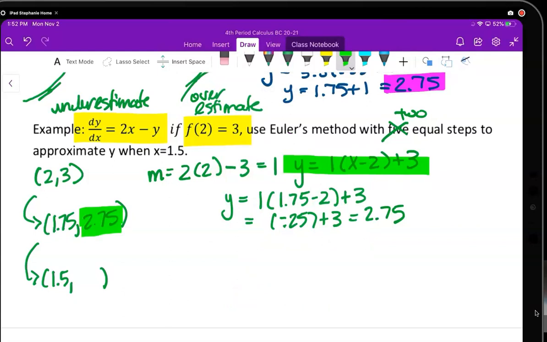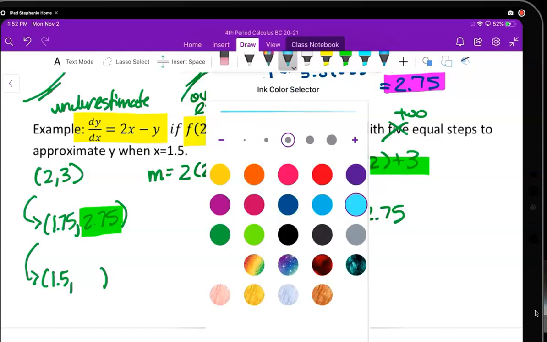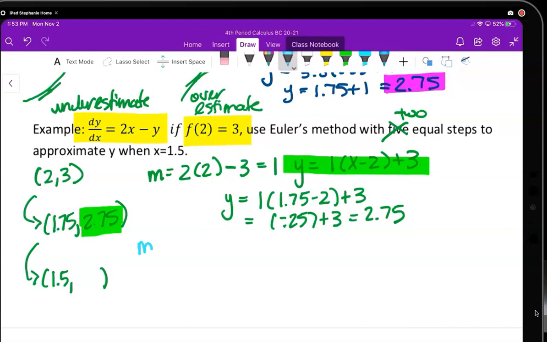Now I'm going to write a new tangent line equation using this new value. Maybe I'll switch colors so it stands out. So m is equal to 2x minus y. I'm going to use my new point: 2 times x, which is 1.75, minus 2.75.